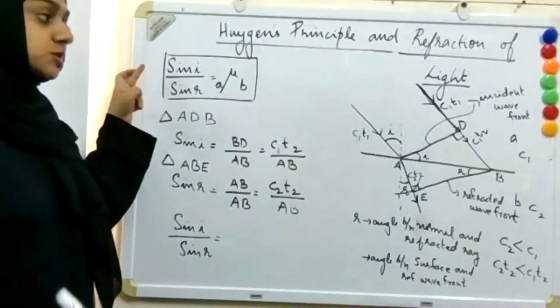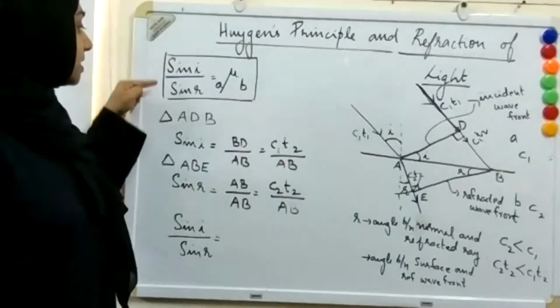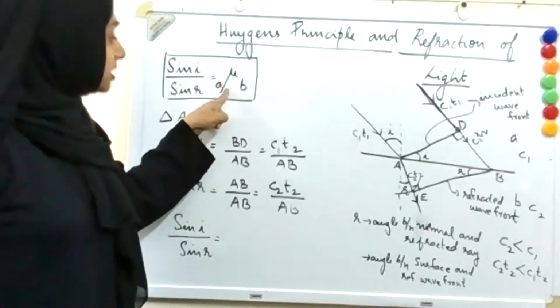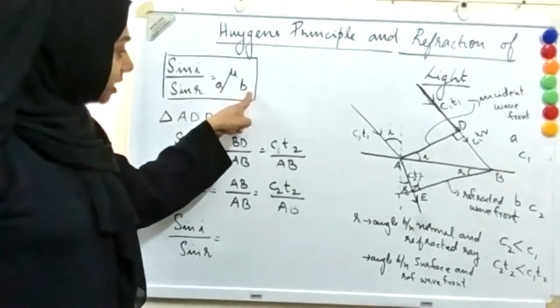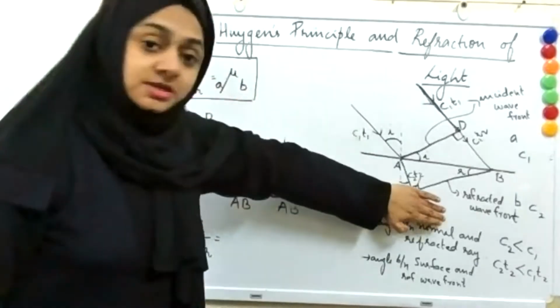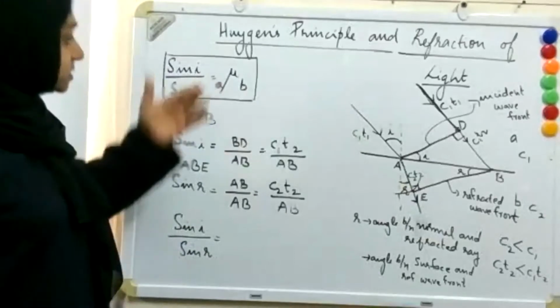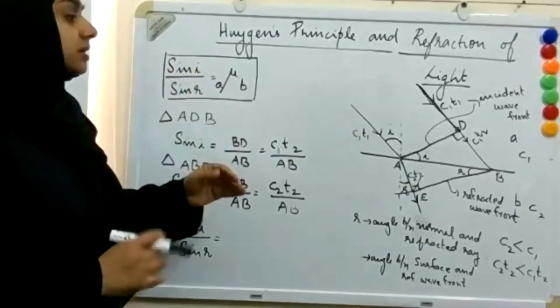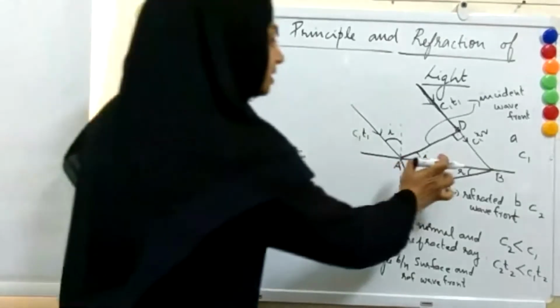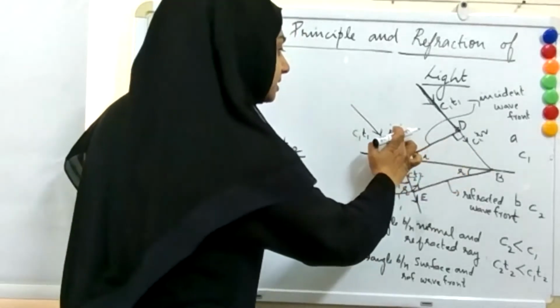You know Snell's law states that sin i by sin r is equal to a constant. That constant is the refractive index of medium B with respect to A, because medium B is the second medium. Or the same Snell's law can be written in the generalized form where we say that in this medium the angle is i.